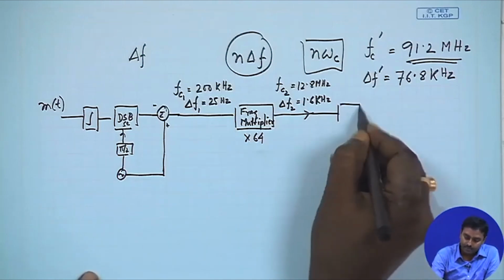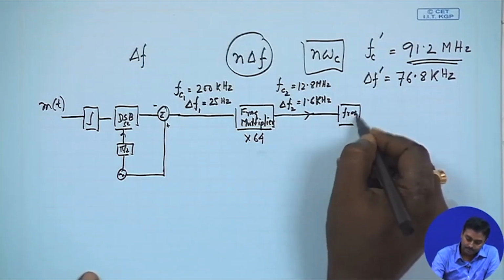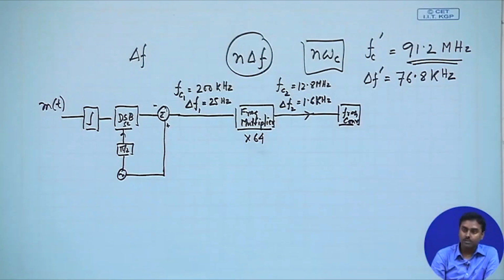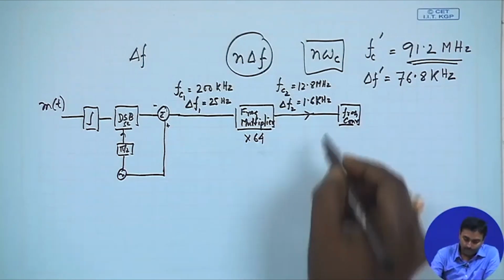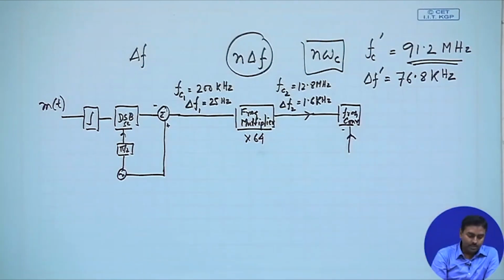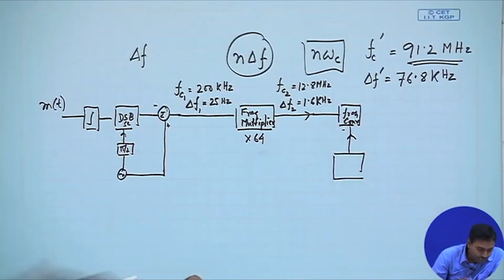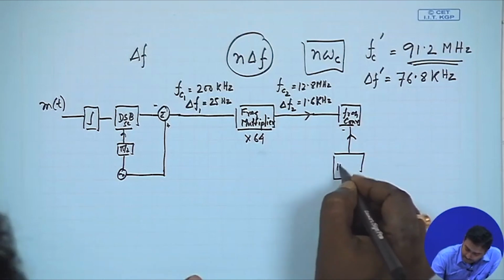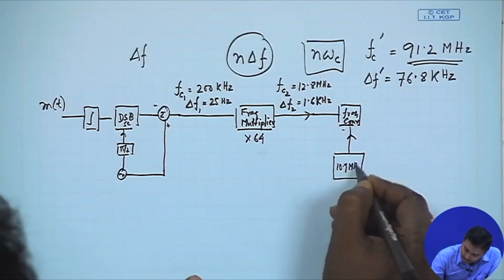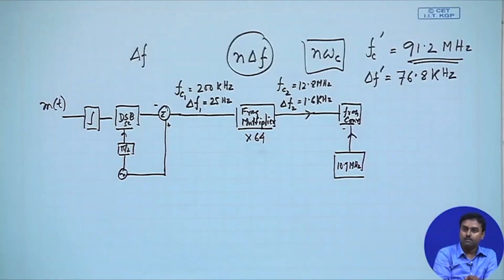At this you give a frequency converter. That is the frequency converter where from a local oscillator you take a signal which is 10.9 megahertz. This is whatever we are saying, that is actually being done.